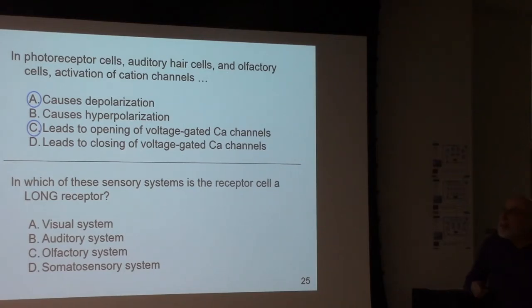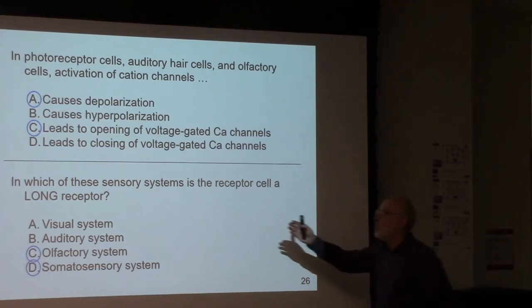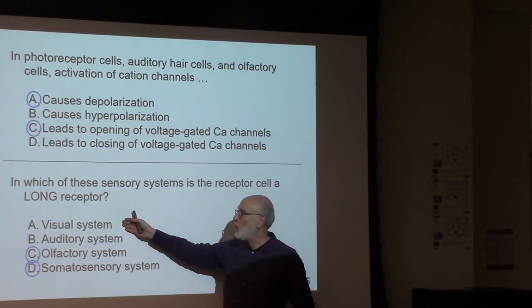Okay, now we're going to get into some anatomy, so this could be on the quiz or on the exam. In which of these sensory systems is the receptor cell a long receptor? C and D. Visual system, the rods and cones are short.